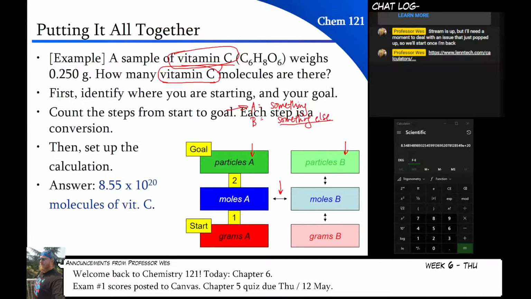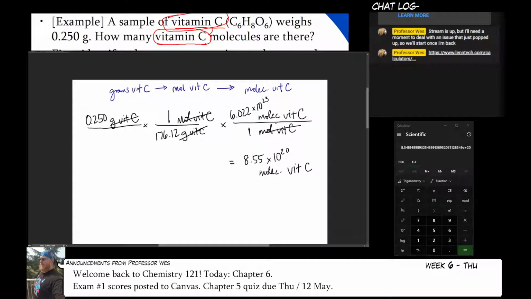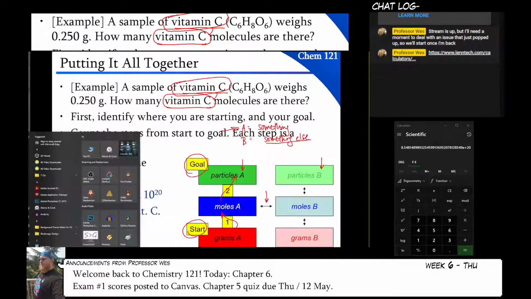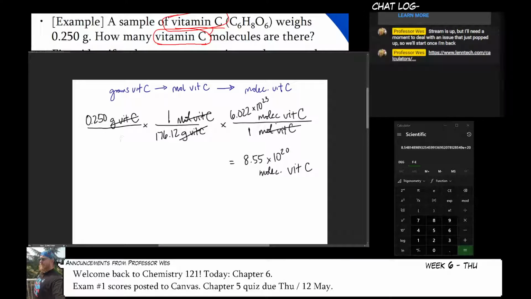All right. Now, if you're using this chart and you just have the chart written out here, what you can do is you can identify a starting place on the chart and a goal on the chart, and then just do your conversions like this. Every time you move to the next box, you're going to write out a conversion. So if I were to go back over here, the steps that we did here, I had my starting value, and then this was conversion 1.